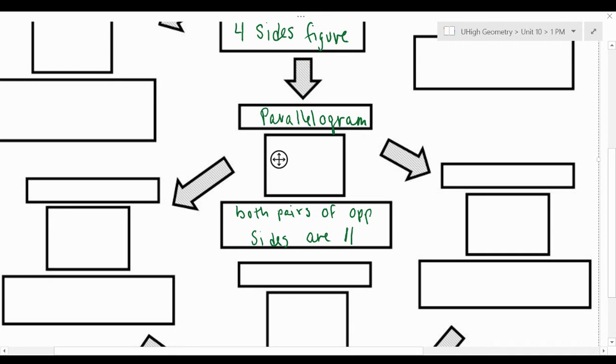So looking at an image of a parallelogram, we're going to see that we have opposite sides parallel, but that's all that we have to have in order to have a parallelogram. That is our definition at the bare minimum.